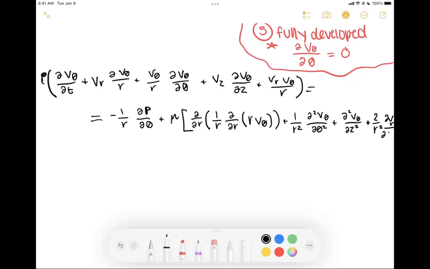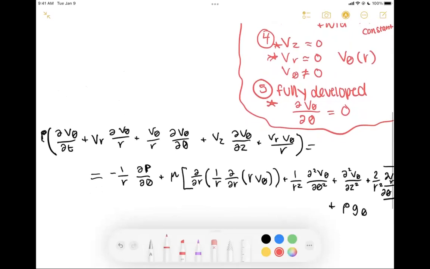Sorry about the way this looks. That's all in the bracket as well, and the last part of that. Okay, sorry about how that's written, but it is a very, very long equation.